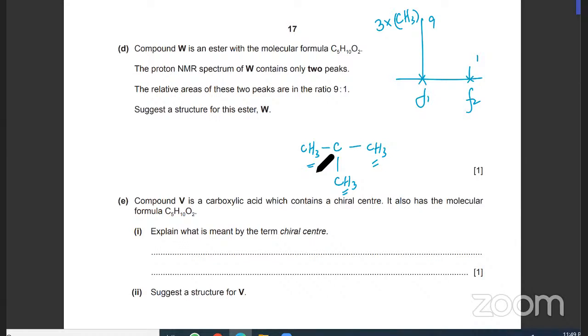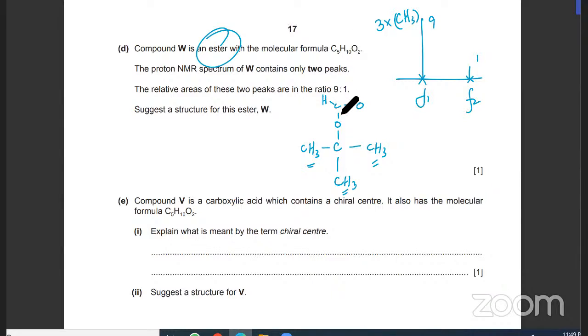So what are you left with? You're left with 1 hydrogen in a different environment. So I'm left with 1 carbon. So all I need to figure out is, it's an ester as well, right? So I need to make an ester link. So this would be C=O, and there's going to be 1 H, right?